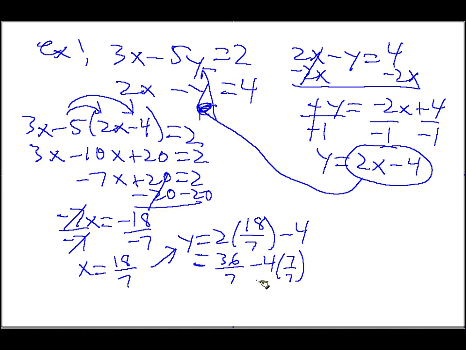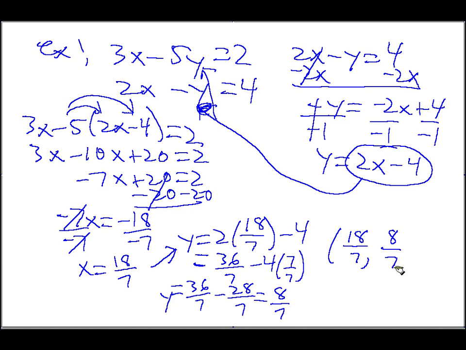Again, you can just punch in the calculator if you're not comfortable doing fractions by hand, as I'm doing here on the whiteboard. So that's 36 over 7 minus 28 over 7. And 36 minus 28 is 8 over 7. So x is 18 sevenths, y is 8 over 7. So the ordered pair solution is 18 over 7, comma 8 over 7.